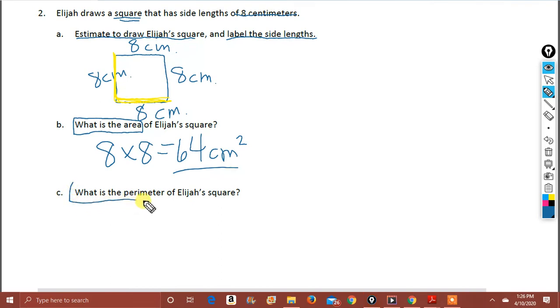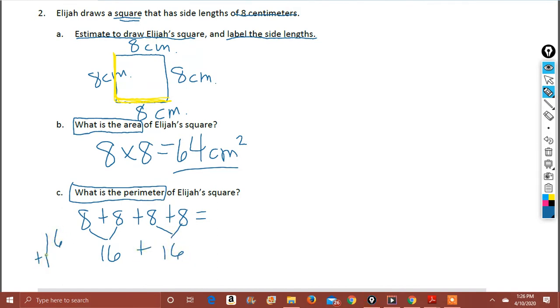Part C asks us what the perimeter is. So if I look up at the square that I drew in part A, I see that each side measures 8 centimeters. So I can add 8 plus 8 plus 8 plus 8 to get my answer, which would be 16 and this is 16. 16 plus 16 is 32 centimeters.